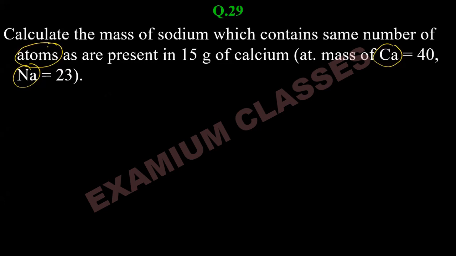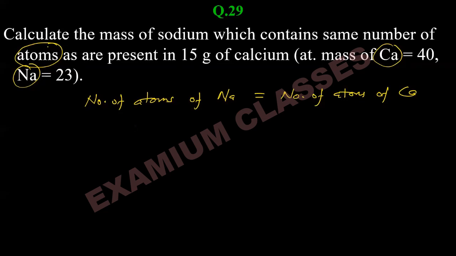So the question says, number of atoms of sodium equals number of atoms of calcium. Instead of going into atoms, you can just consider the moles, because atoms are just moles multiplied by Na.